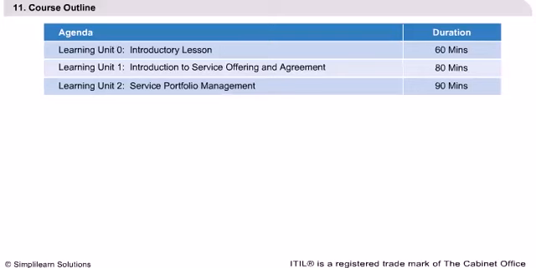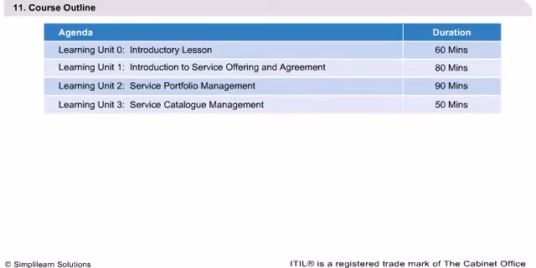Service portfolio management policies, principles, concepts, activities, methods, and techniques are explained in relation to SOA practices. The relationship of service portfolio management to the service catalog and service pipeline is described and illustrated. Efficient use of service portfolio management metrics is reviewed.